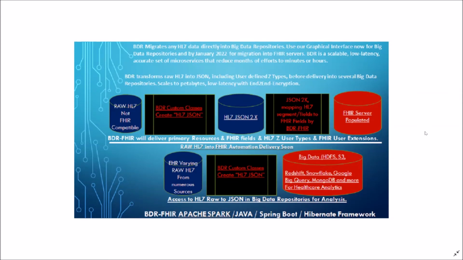And in closing, I just want to mention that soon BDR-FIR will deliver primary FHIR Resources fields, extensions, and HL7 Z User Types directly into FHIR Servers. BDR-FIR already provides secure patient downloads with end-to-end encryption, migration to big data from FHIR.